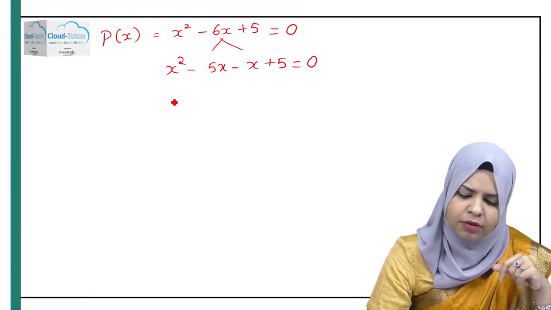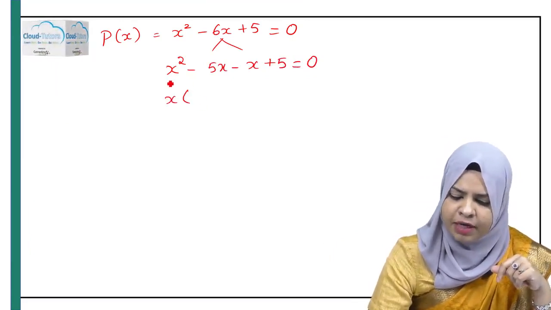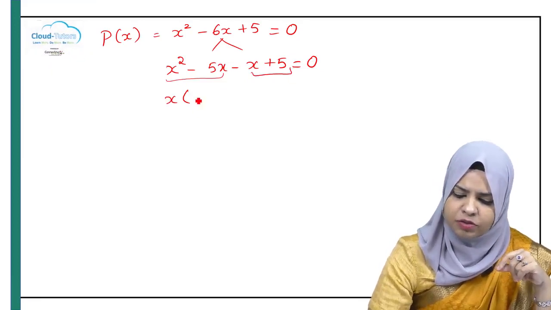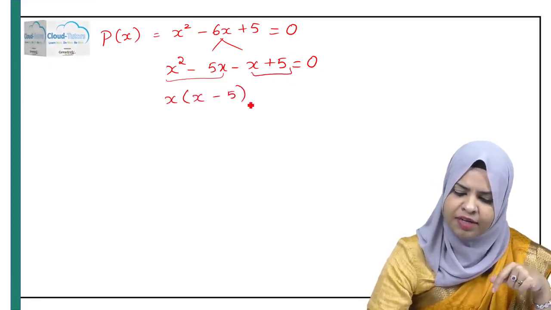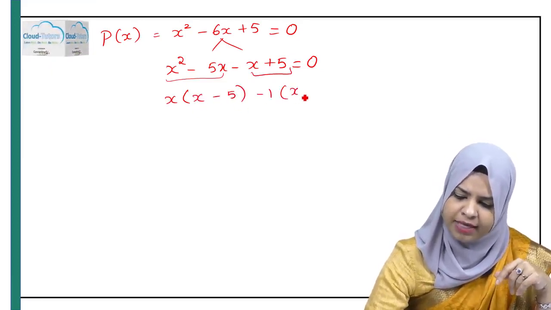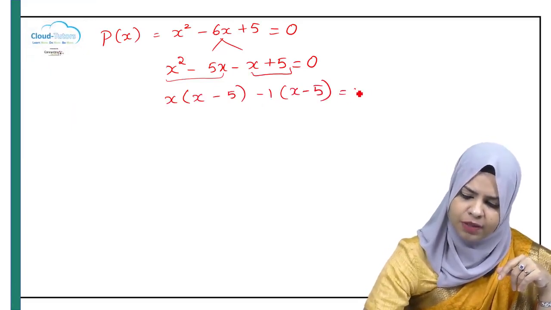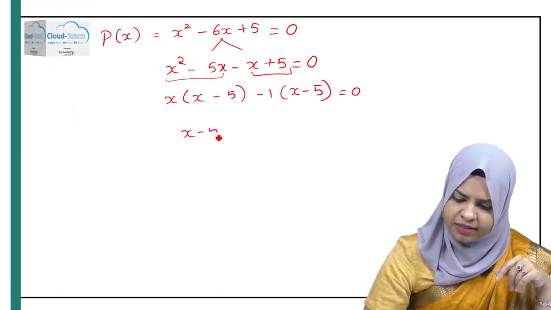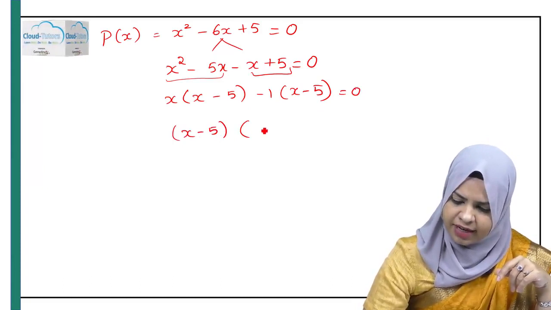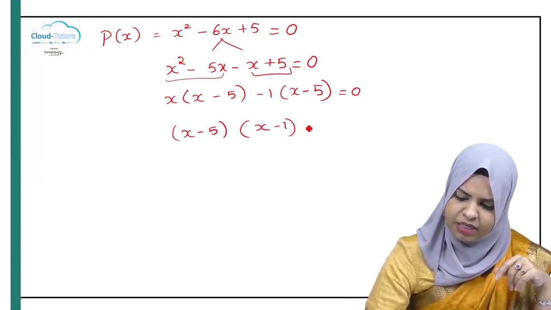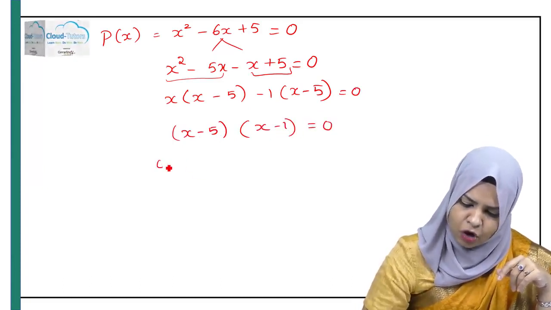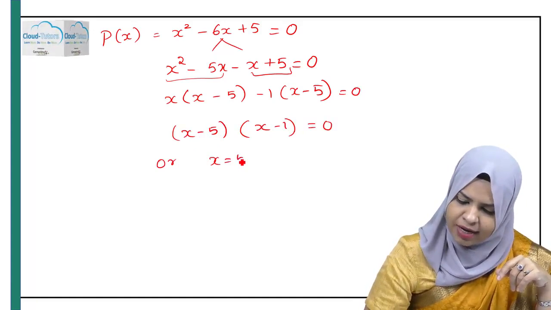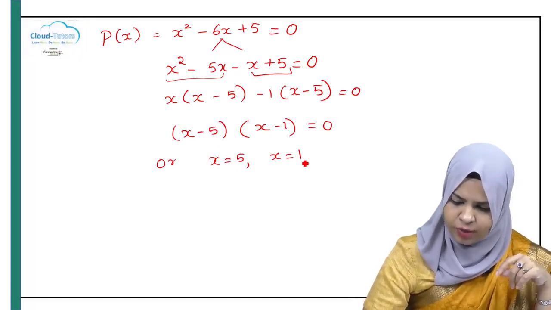Okay, so x is common. I will group this 2 and this 2. So common is x minus 5. Here it is minus 1. x minus 5 is equal to 0. So the factors are x minus 5 and x minus 1 equal to 0, or x equal to 5 or x equal to 1.